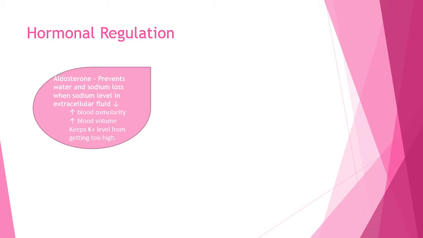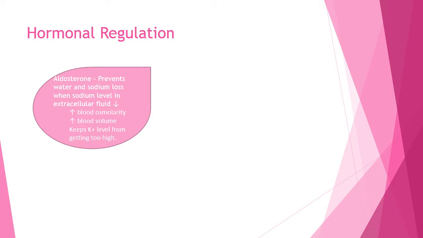The afferent arteriole stimulates the juxtaglomerular complex to secrete renin. Renin acts on the renin substrate, also known as angiotensinogen, converting it to angiotensin 1. Angiotensin converting enzyme then converts angiotensin 1 into angiotensin 2.